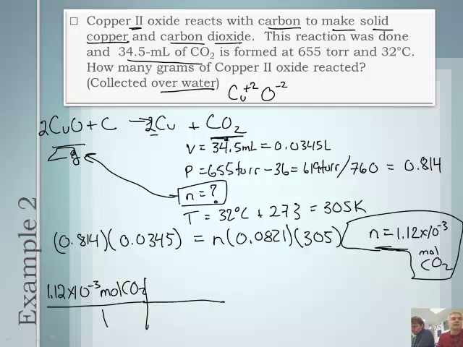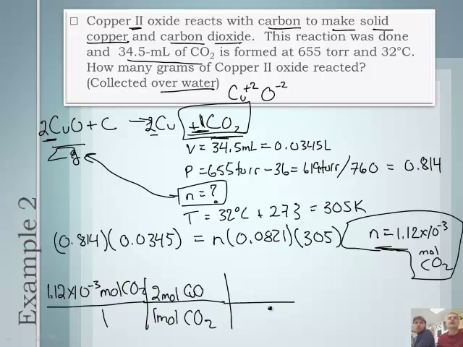I'll use my mole to mole ratio: 1 mole of CO2, that 1 comes from the balanced equation, to 2 moles of copper(II) oxide. Then I use the molar mass: 1 mole of CuO to 79.5 grams of CuO. Moles of CO2 cancel, moles of copper oxide cancel.